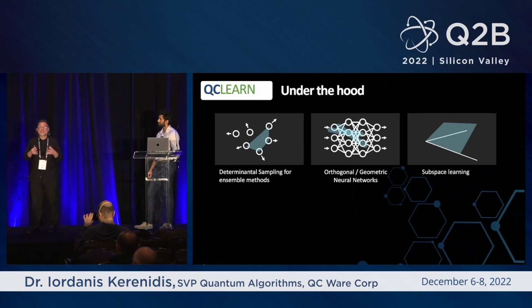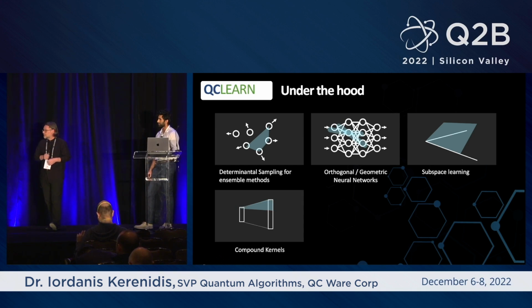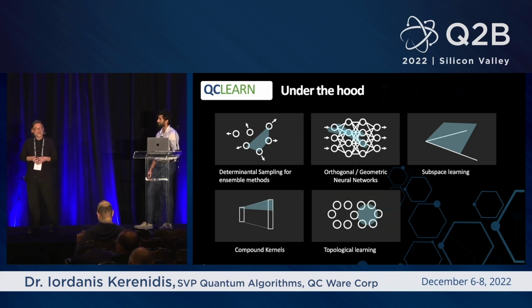We have subspace learning, a series of techniques specifically designed for dynamic data sets, for example time series in finance, or trajectories, multimedia, video, etc. We also have compound kernels and topological learning, which use geometry and topology to enhance features and capture important global properties of the dataset that otherwise go unnoticed.